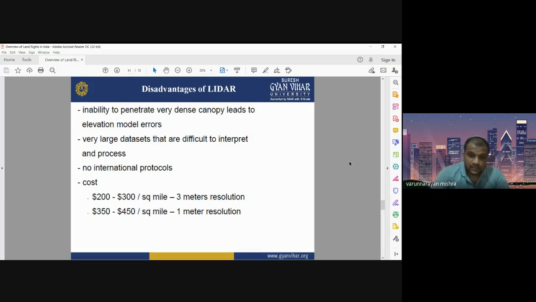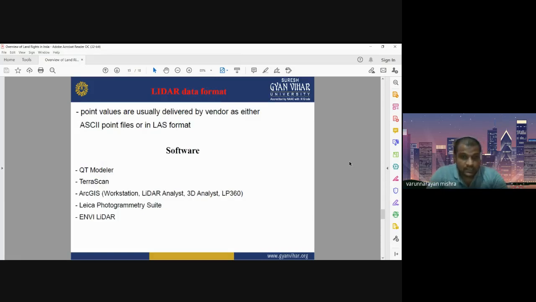Now the format of the data. Whatever data is captured by the lidar system, whatever the intensity values captured by the lidar system, it is in the form of point values. These point values are delivered in the ASCII point format or LAS format.